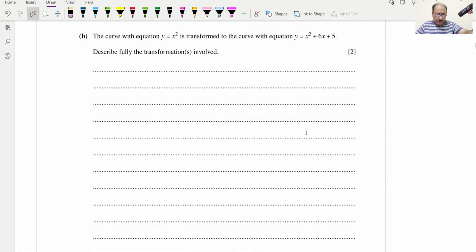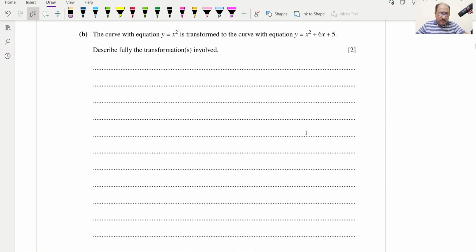Hopefully you understood this. Now part b says the curve with equation y is equal to x squared is transformed to the curve with equation y is equal to x squared plus 6x plus 5. Describe fully the single transformation involved.